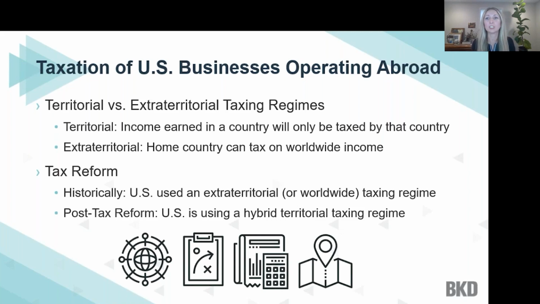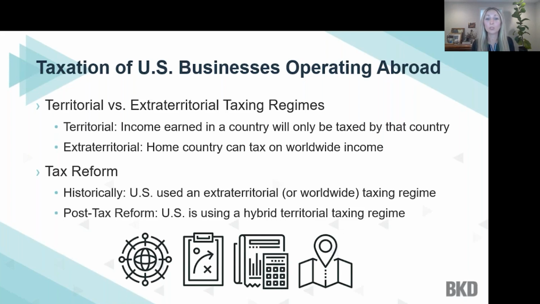Another taxing regime is an extraterritorial or a worldwide system. A worldwide taxing regime implemented by a country permits the home country to tax your worldwide income. Historically, the US used a worldwide taxing regime where all US source income, as well as foreign source income, was subject to tax in the US.